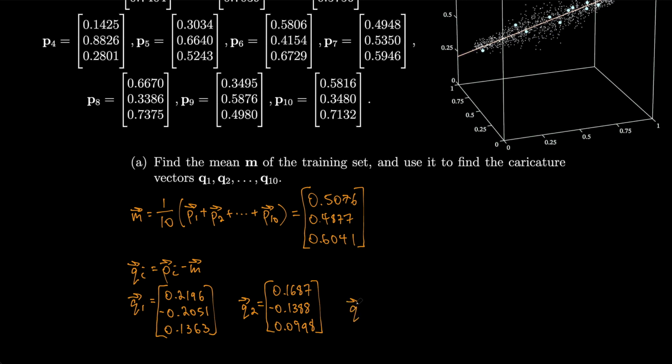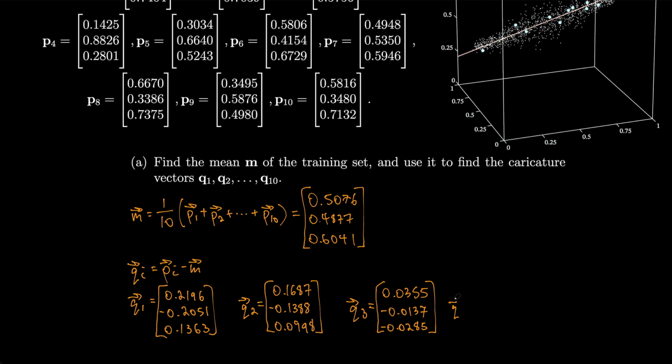Let's get q3 now. So that's 0.0355, negative 0.0137, negative 0.0285.